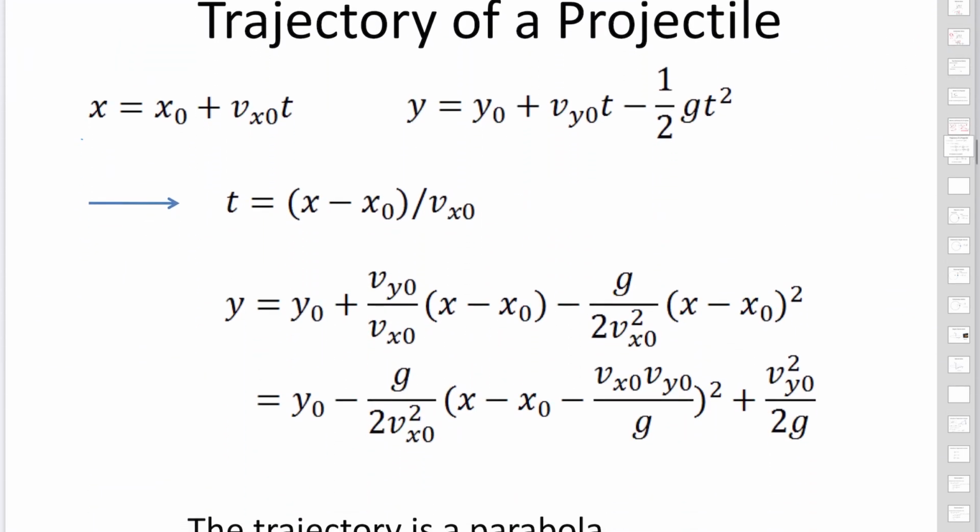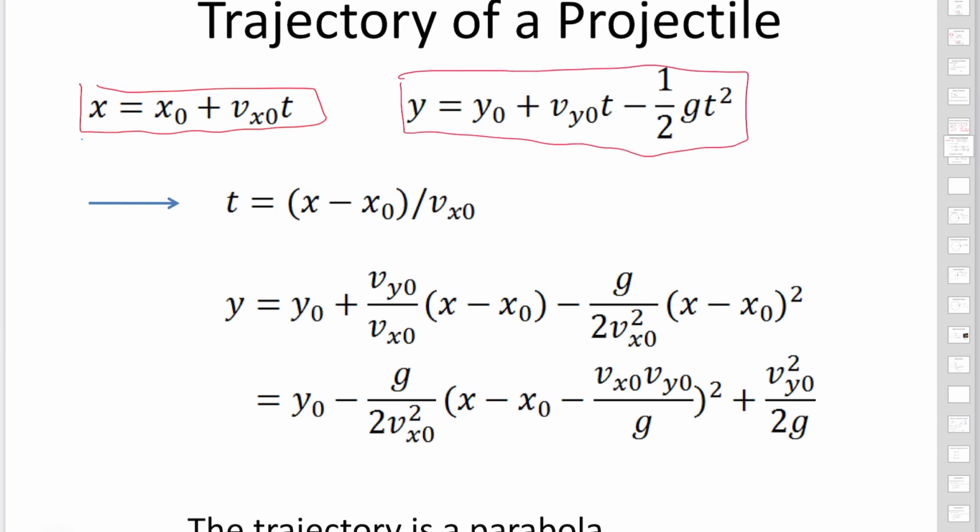Then we'd like to find the trajectory of a projectile. We have already discovered the equations for x and y, and we'd like to find the trajectory of the particle. Both x and y are expressed using the parameter t. Then we can remove this t, and y is expressed as a function of x. So let's do such a calculation.